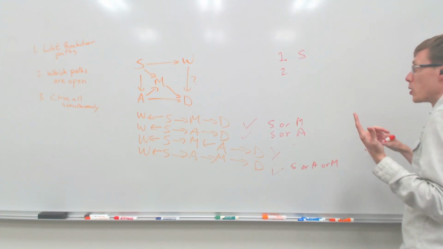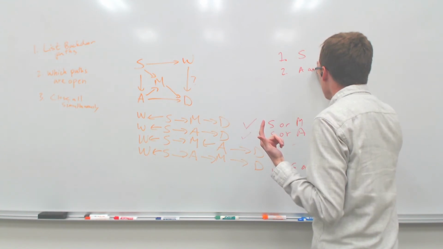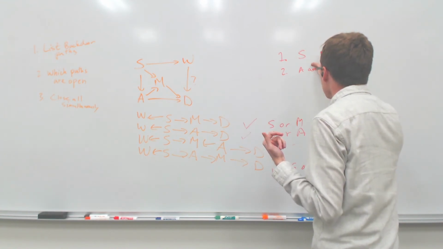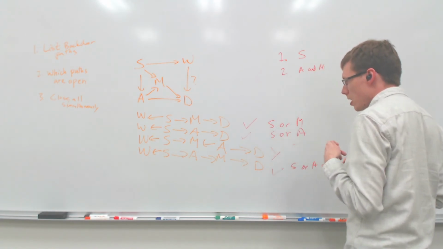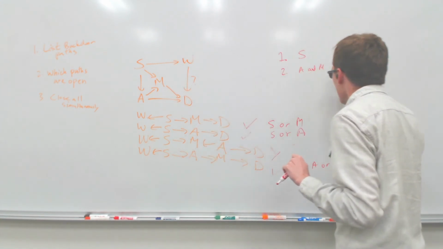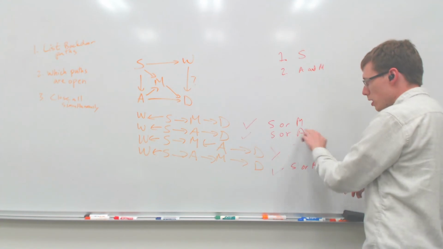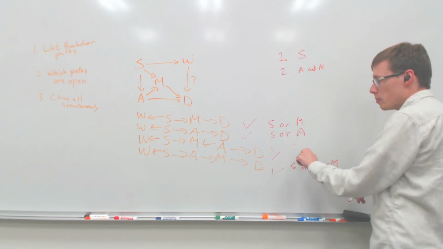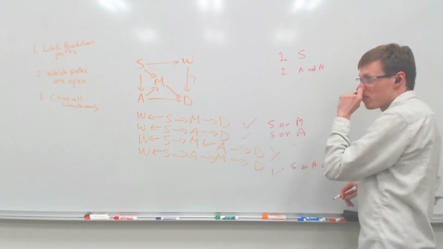Same thing with this one. So what if we did both A and M? Before we do that, actually, this is another solution, but just bear with me here. Suppose I had just closed A, right? That would close off this one and close off this one, and this one's already closed, but it would leave this one open, right?